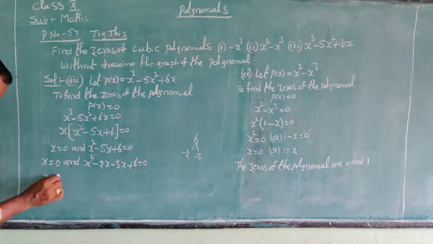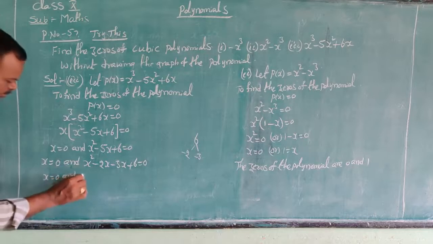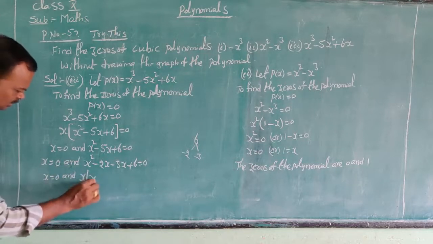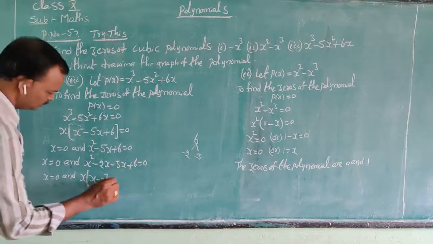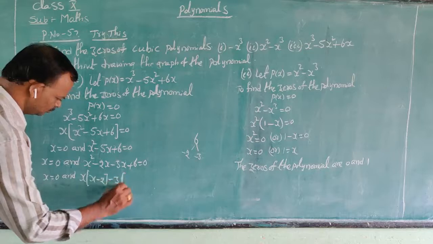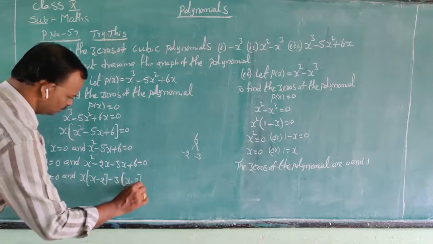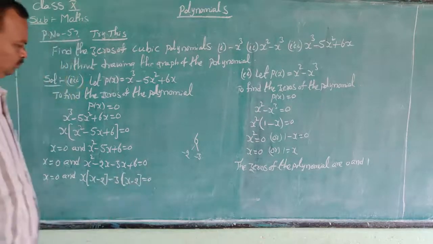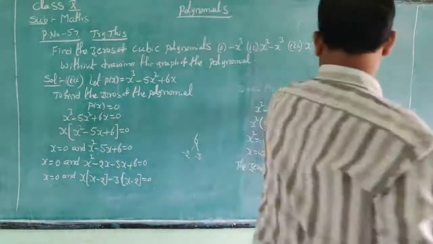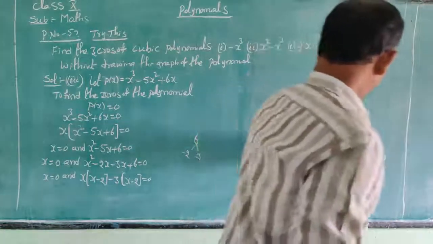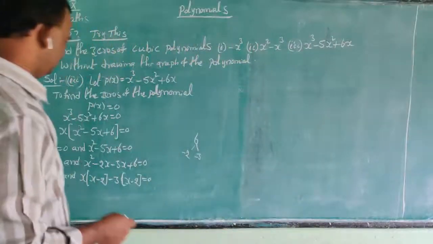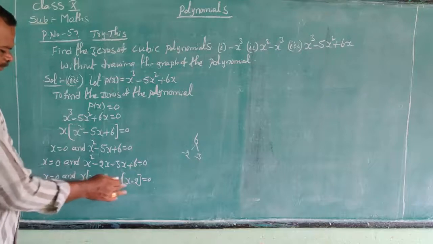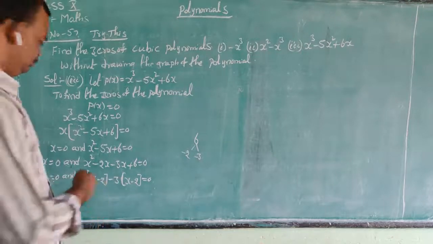x is equal to 0, and taking x common in two terms gives x minus 2, and in the next two terms the common is minus 3. Common is x minus 2.